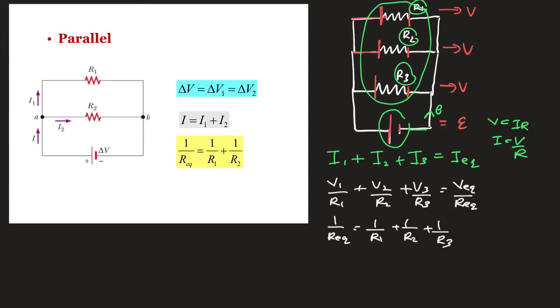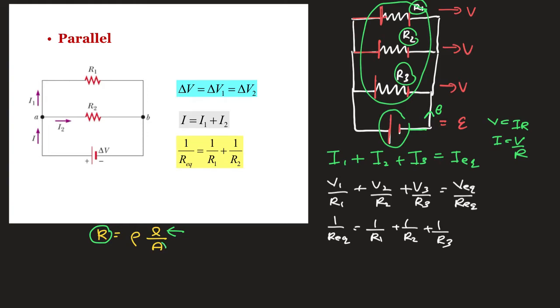Okay, so you can actually say that, based on our previous chapter, we have the equation of resistance equals resistivity times length over area. So you can see that when you increase the length, which is basically the arrangement of series, you are going to increase the resistance.